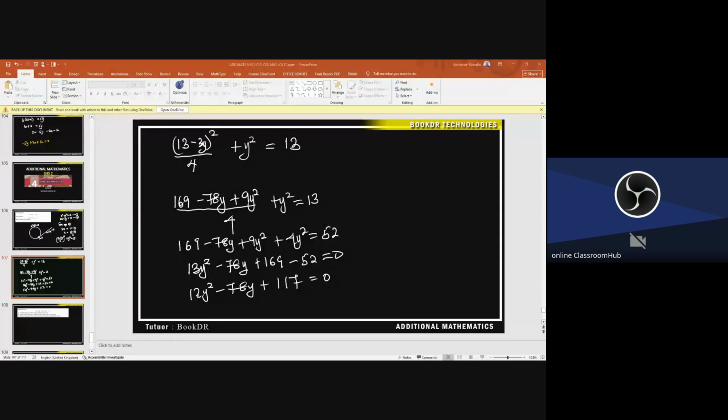Let me be sure, 78 divided by 13. Yes, it can divide through. So let's divide through by 13. So 13y squared divided by 13 will give us y squared. Then the negative 78 divided by 13 will give us 6, so we'll have minus 6y. And then 117 divided by 13 will also give us 9. It's equal to 0. Then we'll factorize this expression.